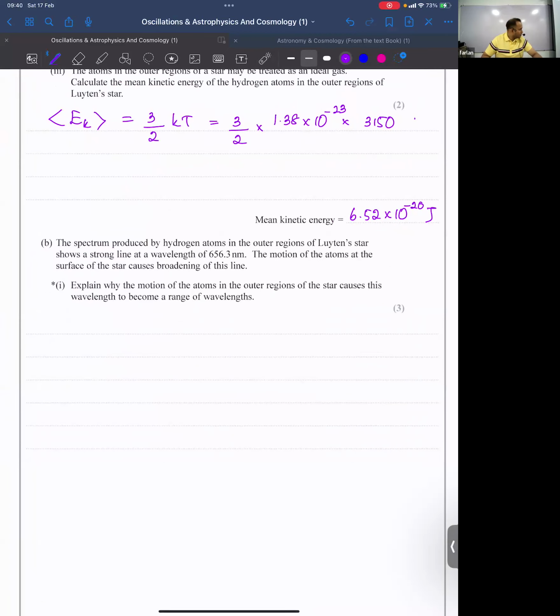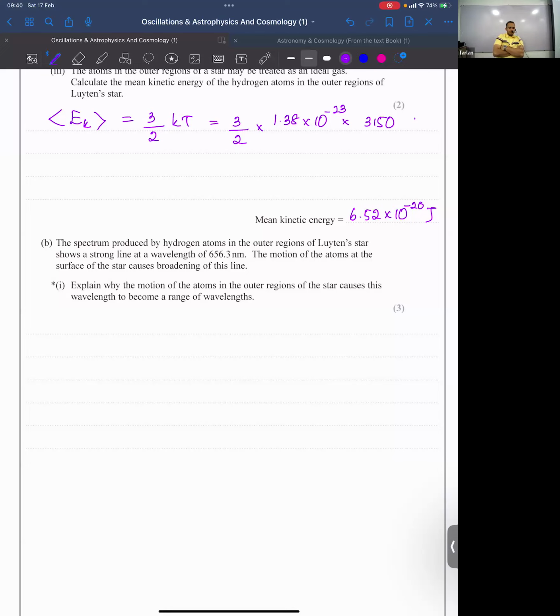The motion of the atoms at the surface of the star causes broadening of this line. Explain why the motion of the atoms in the outer regions of the star causes this wavelength to become a range of wavelengths. Yes, can you give me the answer? Reason why there is a different wavelength? Doppler effect, but it's a 3-marker. How can you say?